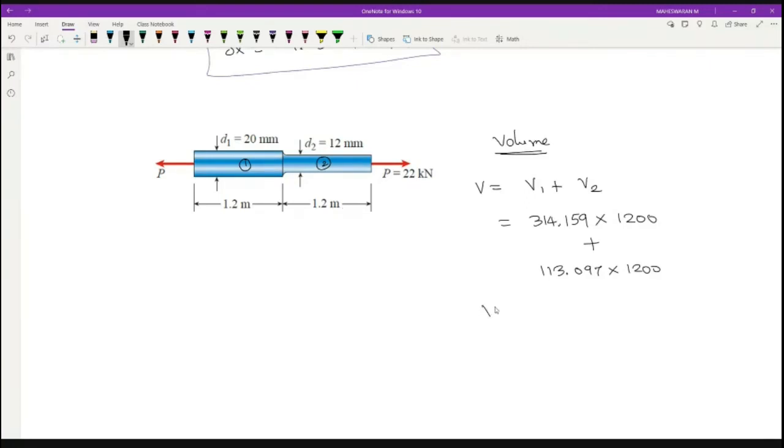So what is the total volume we are getting? 512.7 into 10 power 3 mm cube. So this is my overall volume.